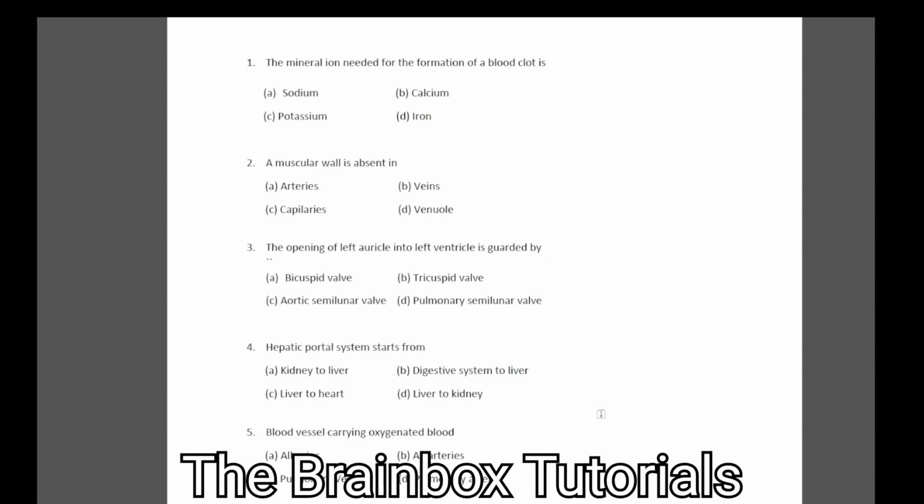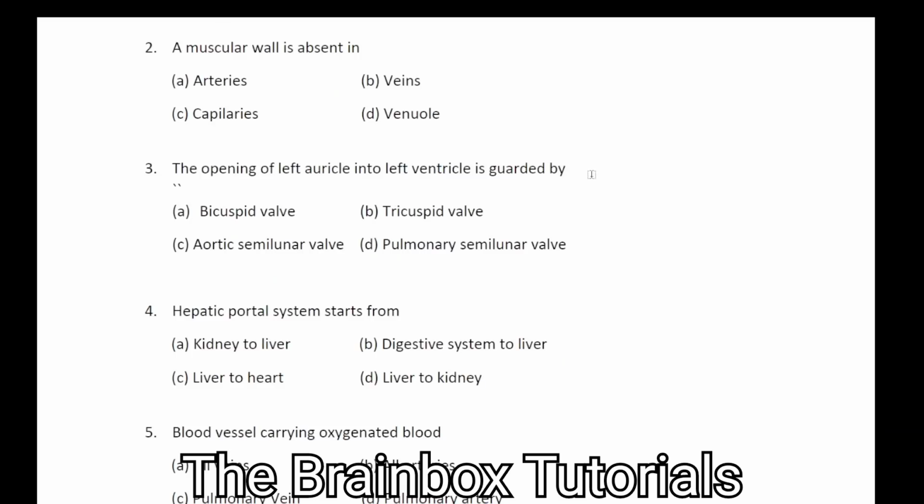The mineral needed for the formation of a blood clot is, options are A sodium, B calcium, C potassium and D iron. And the correct option is B calcium. Number 2. A muscular wall is absent in A arteries, B veins, C capillaries, D venule.